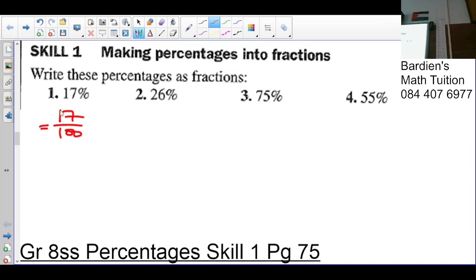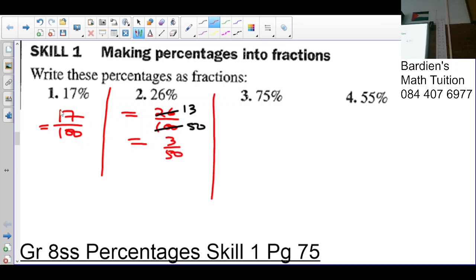Just look at number 2. 26%. 26 over 100. But this can simplify. 2 goes into 26 13 times, 2 goes into 100 50 times. So it's 13 over 50. You will have to simplify always.